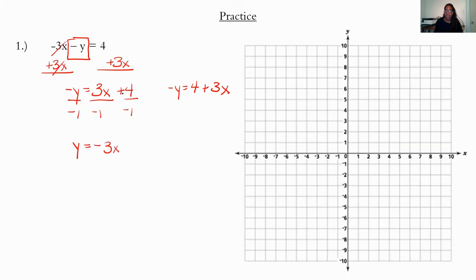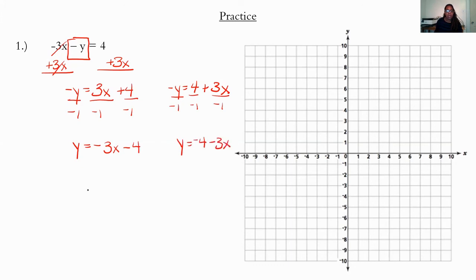And the same thing, positive divided by negative will give me negative. 4 divided by 1 gives me 4. Same thing's happening here. Dividing both sides by negative 1. Then I get my y is equal to negative 4 minus 3x.